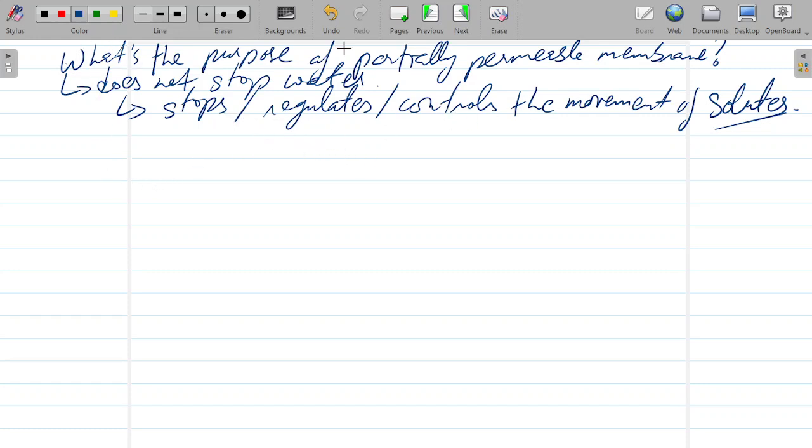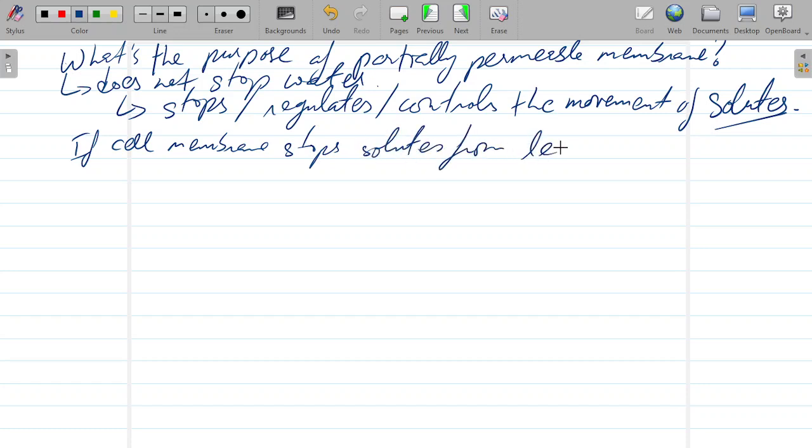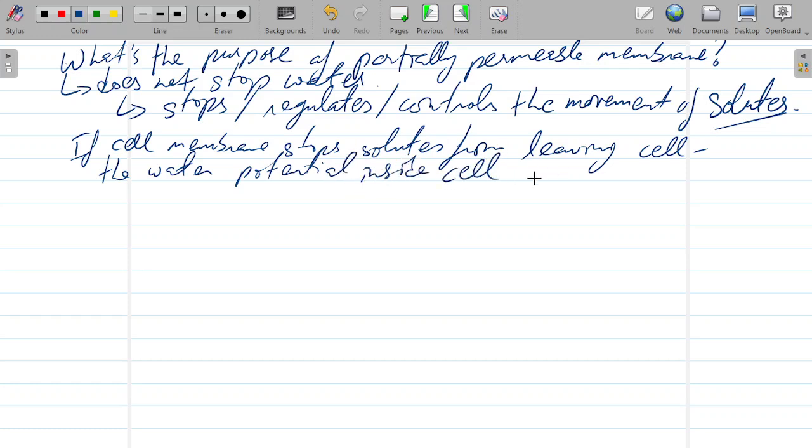How does that affect osmosis? Well, if the cell membrane stops solutes from leaving the cell, that means the water potential inside the cell will be lower. Why? Because the concentration of solutes is going to increase.